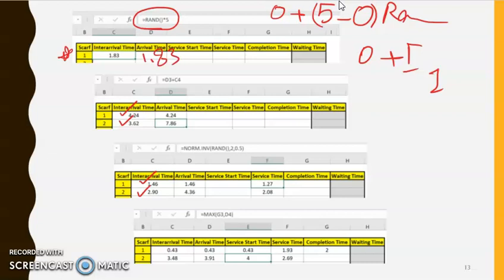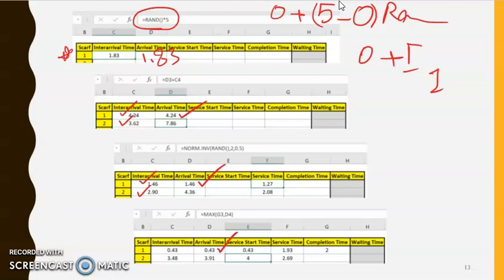That's the reason when the inter-arrival time here is 4.24, the arrival time is exactly the same, 4.24. Or here, because the inter-arrival time for the first scarf is 1.46, the arrival time is 1.46. When it is 0.43, it is again here 0.43.